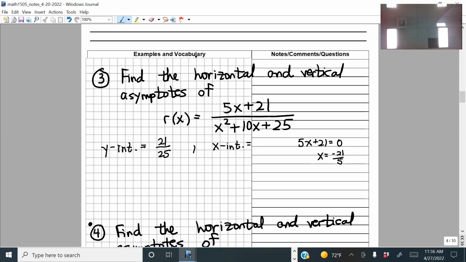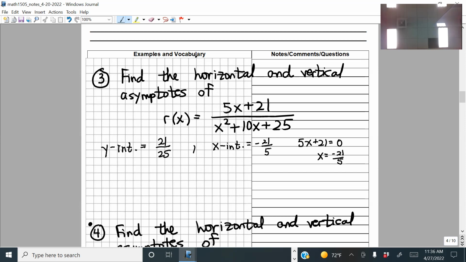Minus 4.2 or something like that? Minus 4.2? So we have x-intercept there. Minus 21 over, not 25, but 21 over 5. Okay, so know that. Now, what about the horizontal and vertical asymptotes?